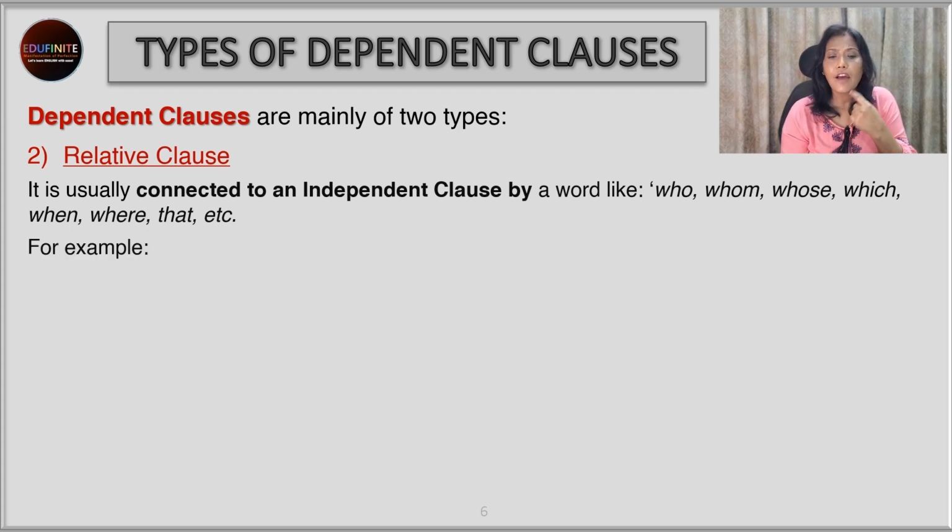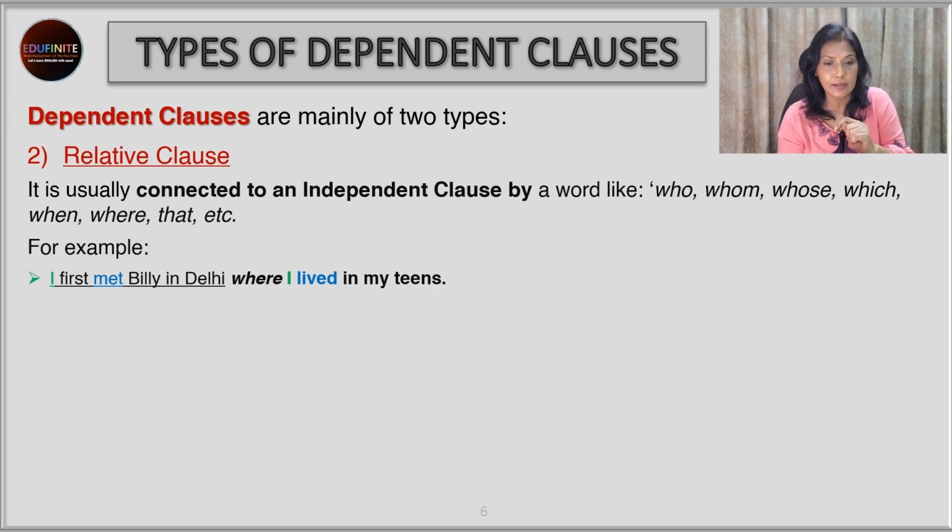For example, I first met Billy in Delhi, where I lived in my teens. Here, "I first met Billy in Delhi" is naturally an independent clause because it is giving us a complete sense. "Where I lived in my teens": here, the dependent clause begins with "where." That's the relative clause. It's not giving us a complete meaning, so it's a dependent clause, and it begins with "where," so it's a relative clause.